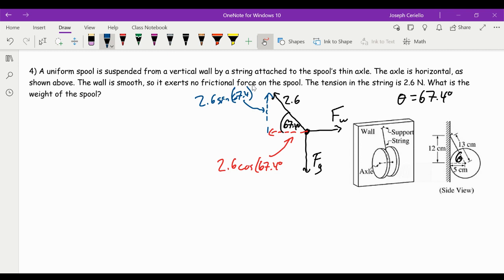I'm getting 1 exactly for that one, which is kind of strange, but I guess this is 1 newton. Let's see what the other component comes out to be. 2.4 newtons.